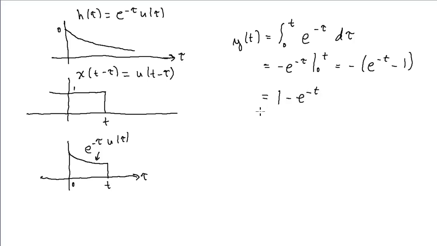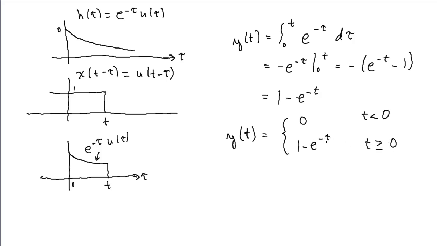Again, this result is valid only for t greater than 0 and applies for all t greater than 0. So I can write the final result for y of t in this form. It's equal to 0 for all t less than 0, and it's equal to 1 minus e to the minus t for all t greater than or equal to 0.